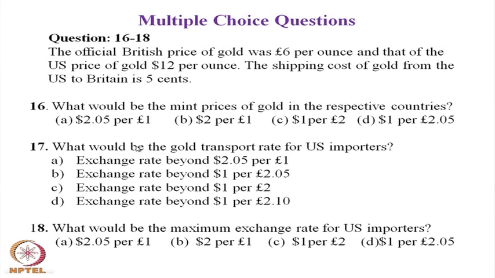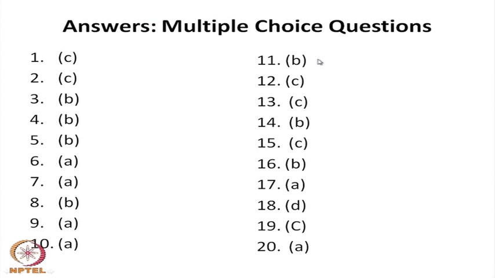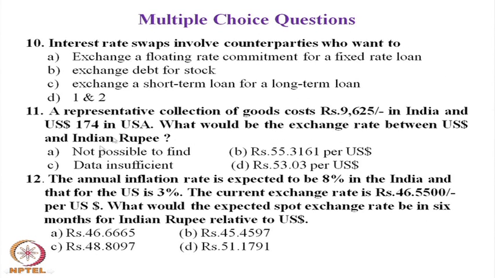Similarly, question number 11, the answer is B. What is question number 11? A representative collection of goods costs 9,625 rupees in India and 174 dollars in US. What is the exchange rate between US dollar and Indian rupees?